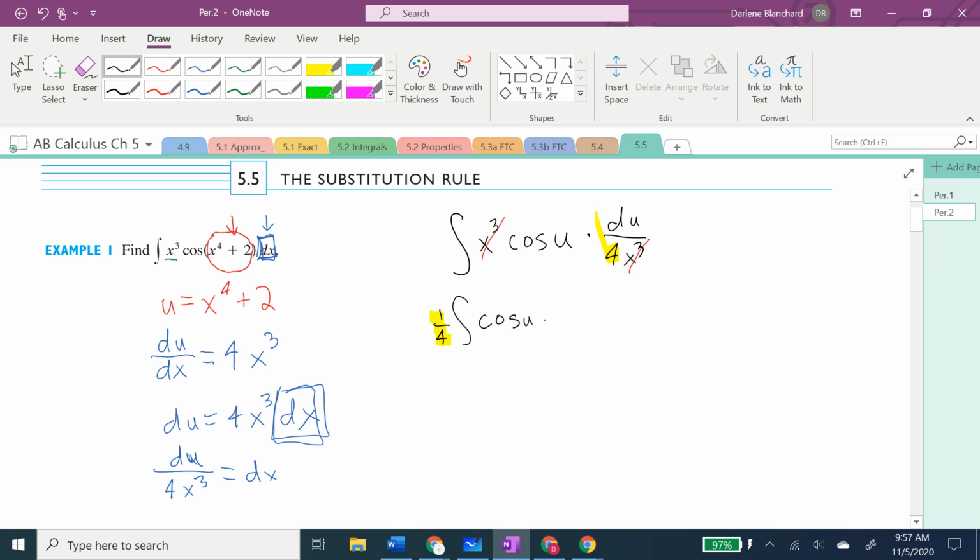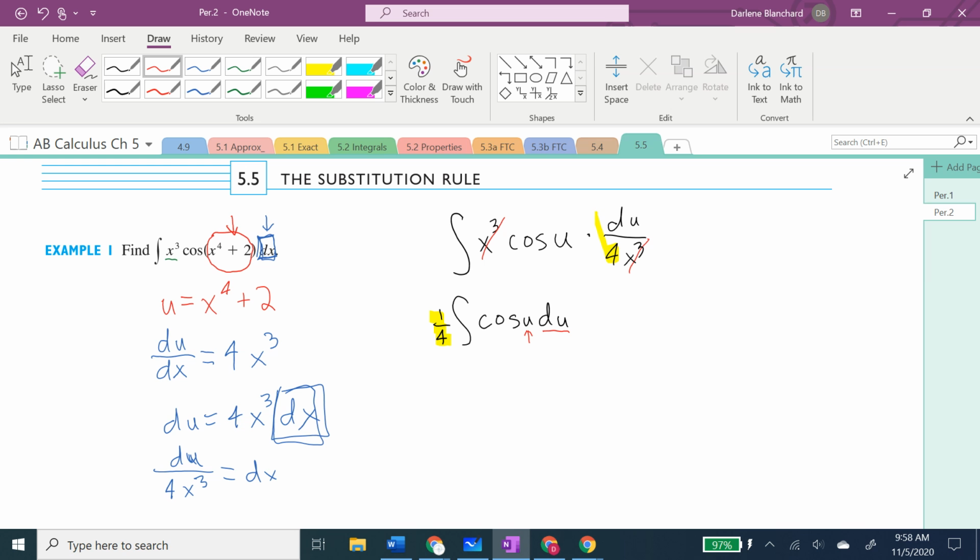And then I can see that I am now integrating cosine u with respect to u. And know that whatever variable that differential is using, that is the only variable that I can have inside that integral, at least while I'm in single variable calculus.